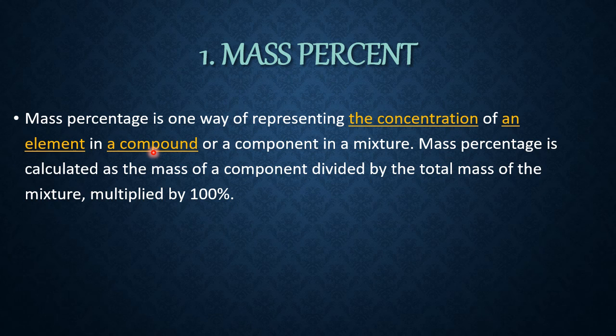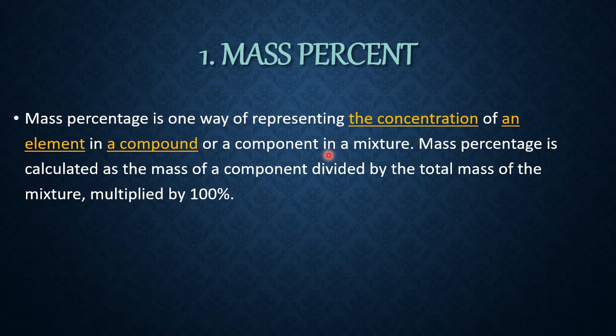So to express the percentage or the concentration of an element in a compound, or the concentration of a component in a mixture. Soil is a mixture. In the soil, how much calcium is there, how much iron is there, depending upon the percentage of the soil, we take a decision to grow which crop is better for this soil.